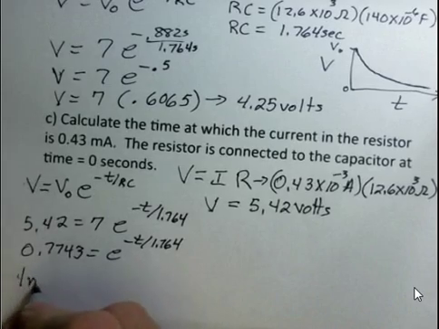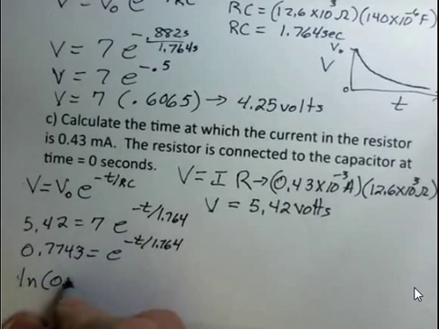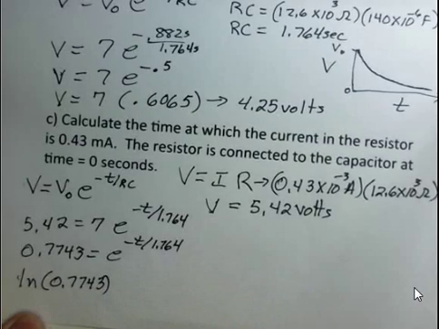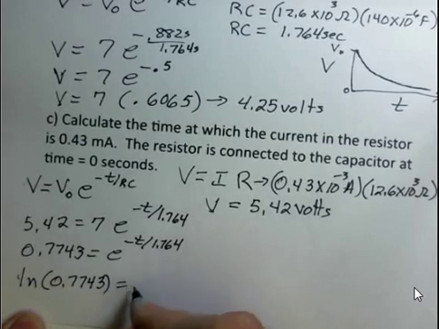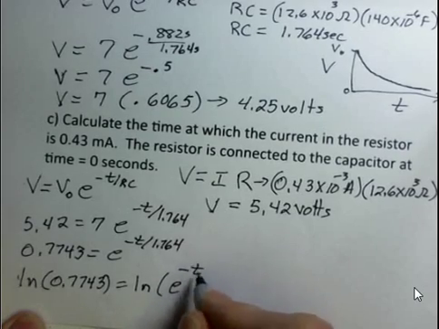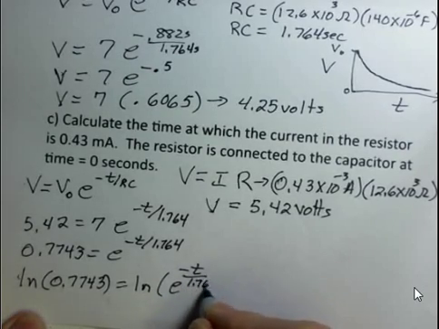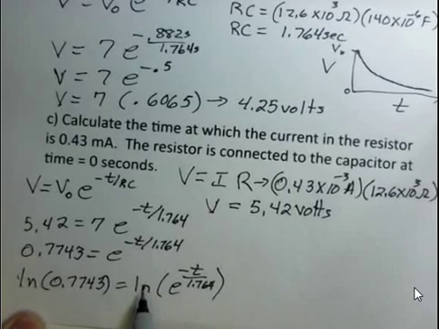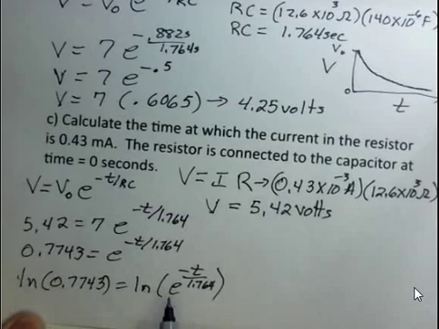So natural log, and again you'll use your calculator to accomplish this. Natural log of 0.7743 equals natural log of e to the minus t over 1.764. And we have a situation here. The natural log function is the inverse function of e raised to a power.